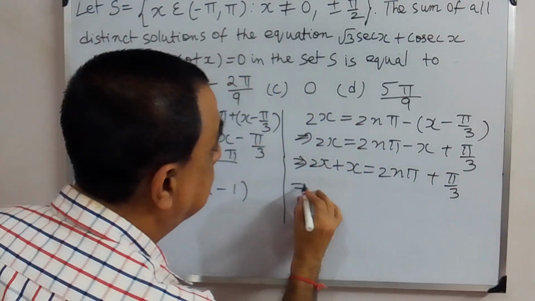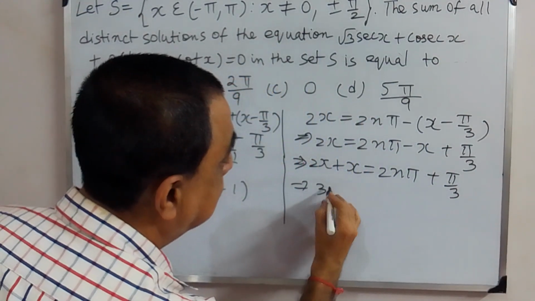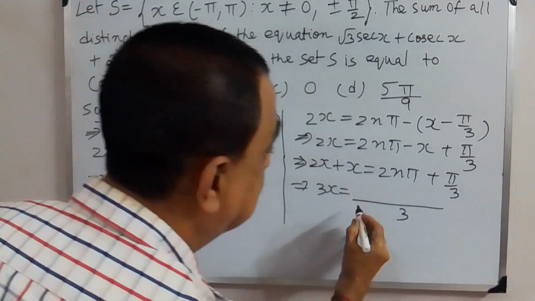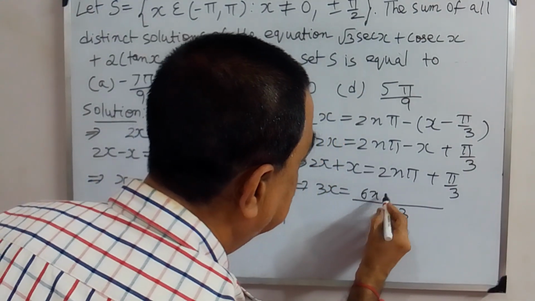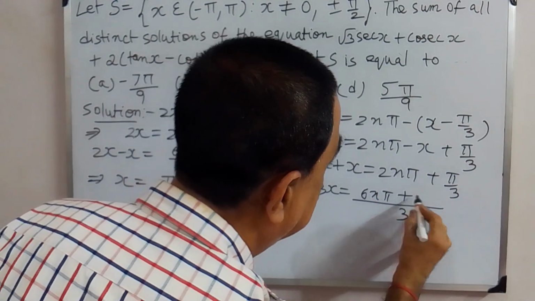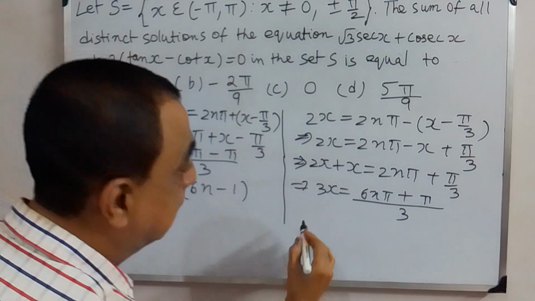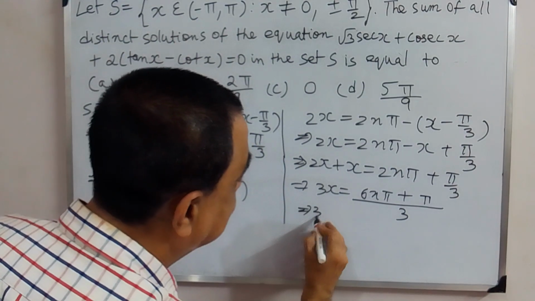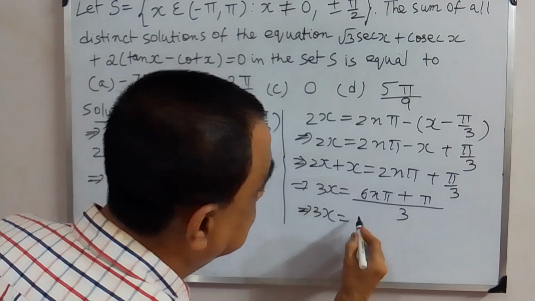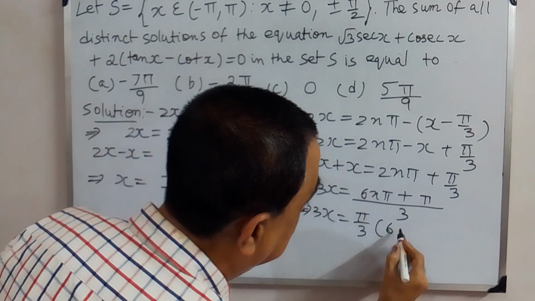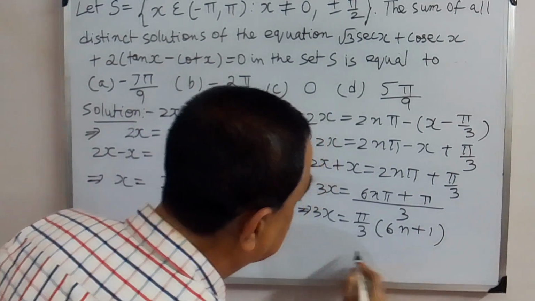Now here 2x plus x is 3x. So here take the LCM 3. So this will become 6n pi, plus 3 is going in 3 one time, so this will be pi. So 3x is equal to, taking pi common, pi by 3 into 6n plus 1.